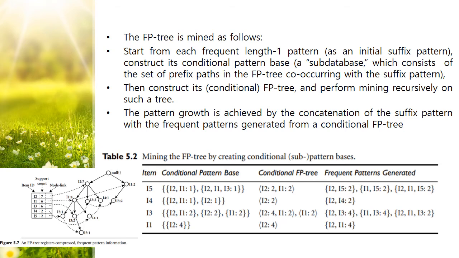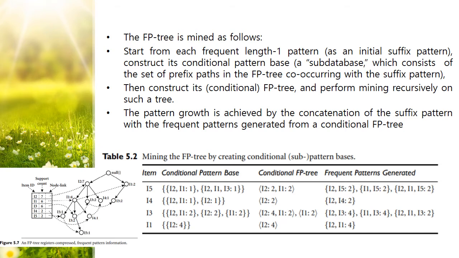Then we will generate frequent patterns with I5. So we will generate I2, I5 with support count 2, and I1, I5 with support count 2, and finally I2, I1, I5 with support count 2.